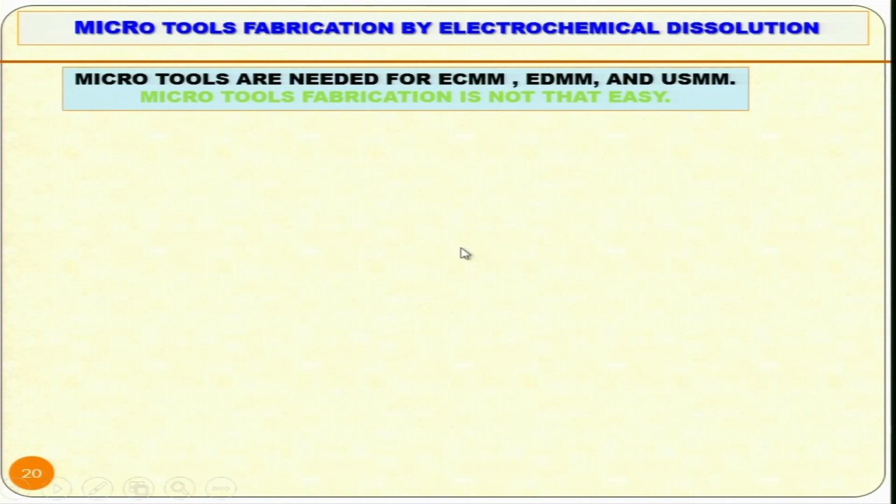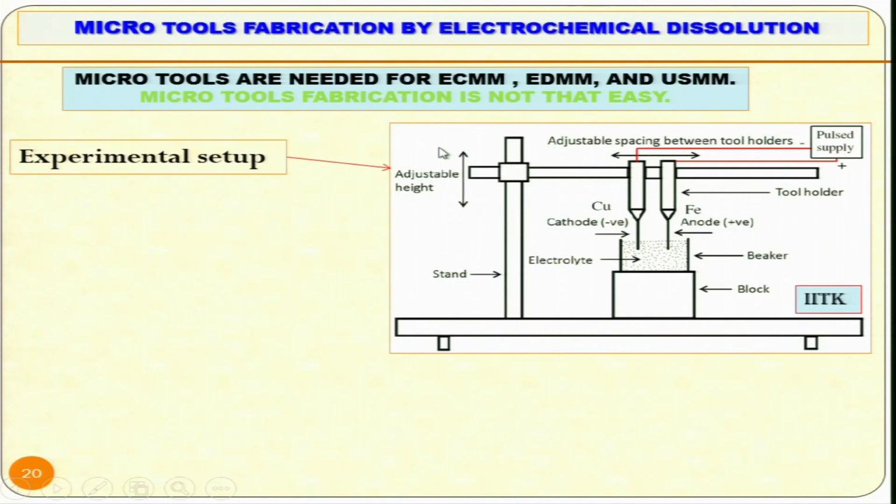Here Mr. Kalia has used electrochemical micromachining process also, apart from electric discharge micromachining and ultrasonic micromachining, which can be used for this purpose. Micro tools fabrication is not that easy.